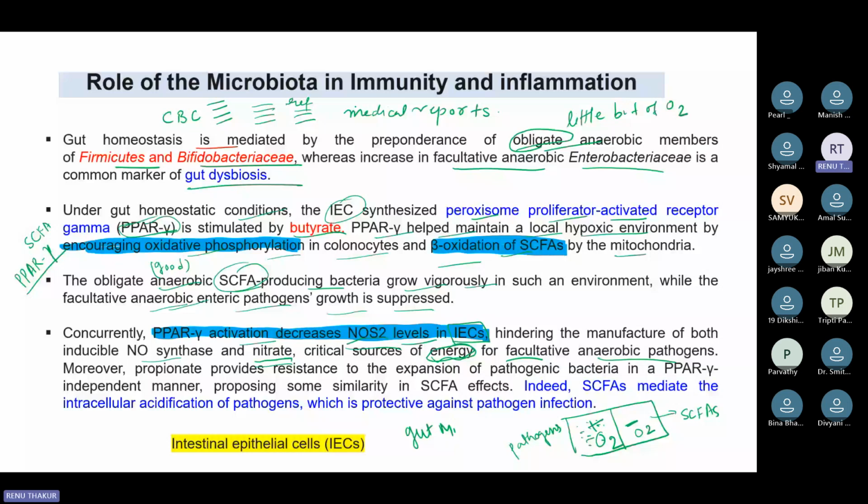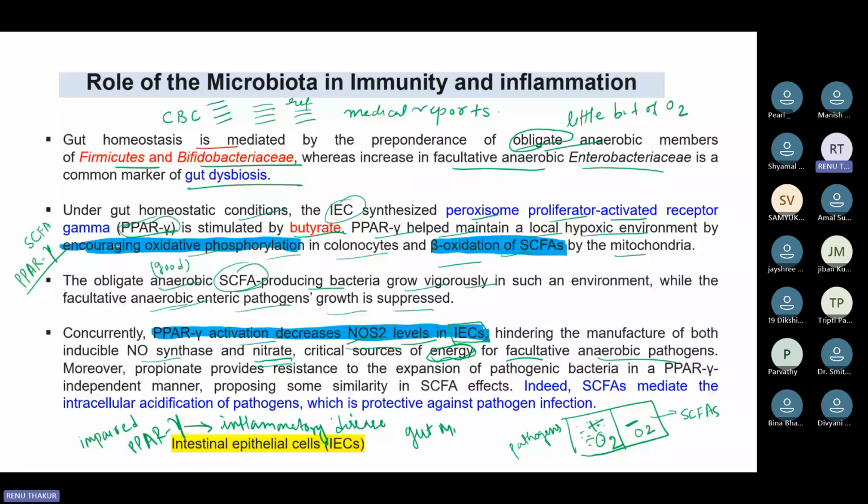If any individual is having impaired PPAR gamma, then you can interpret it as inflammatory responses in the body. Inflammatory disease will occur. And if you are having normal PPAR gamma, then no disease can occur in your body, because PPAR gamma is producing so many different kinds of effects in your body.